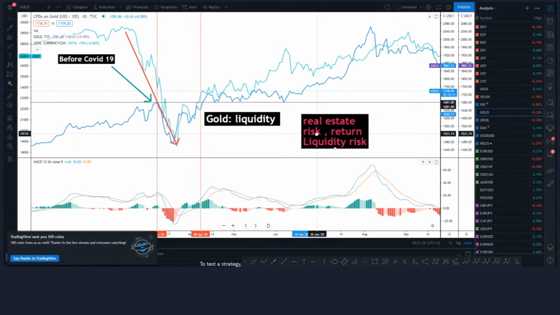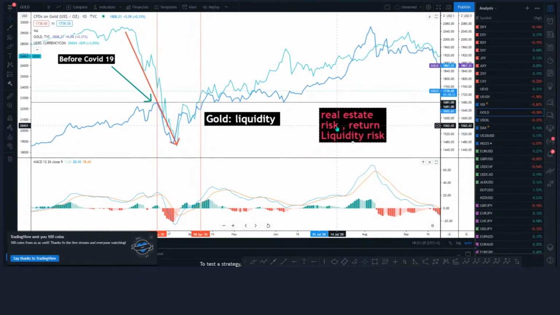What is liquidity risk basically? Why it's available in real estate and not in gold. It's how fast you can sell it. Okay, guys, how fast can you sell this?